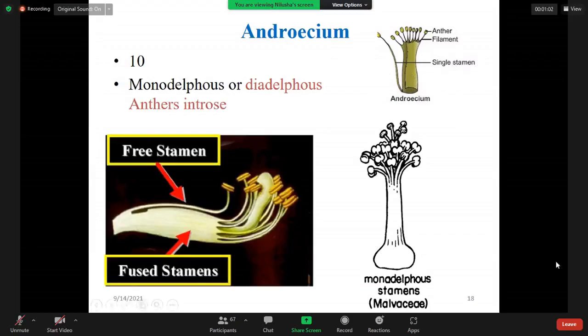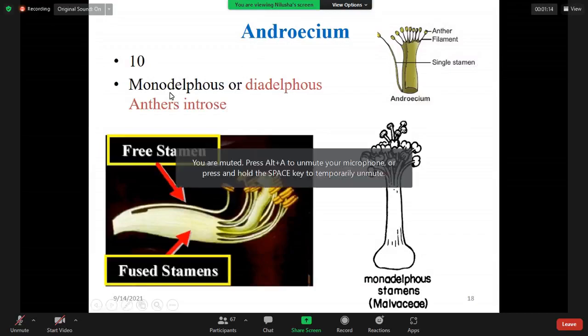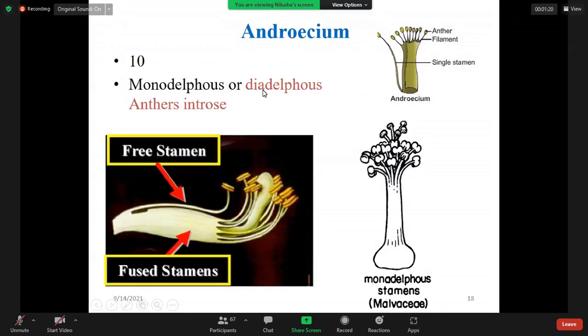In the Fabaceae family flower, there is one character we call monodelphous or didelphous. Mostly, Fabaceae family flowers have didelphous stamens.